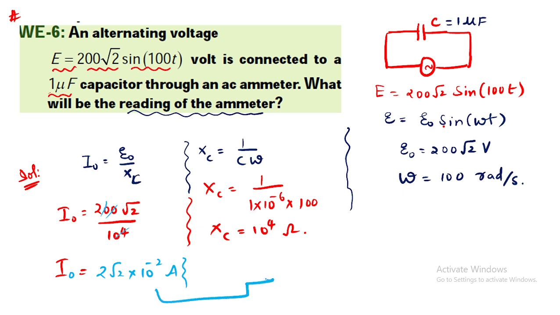From this I can write the instantaneous current also. What is instantaneous current? I is I naught times sine omega t.